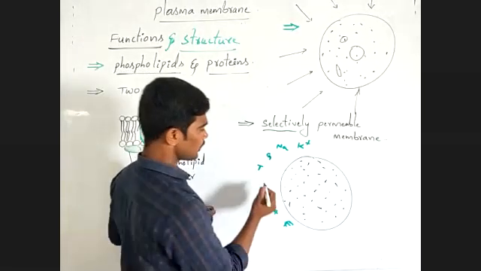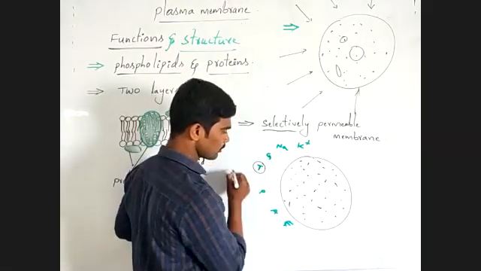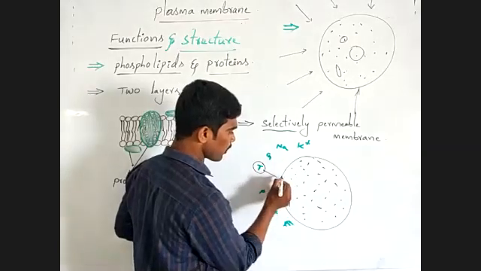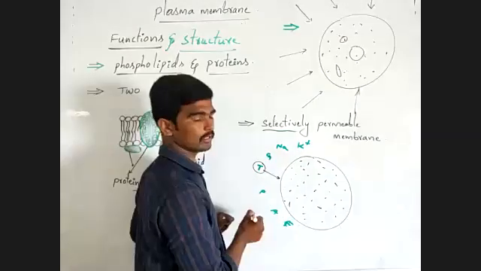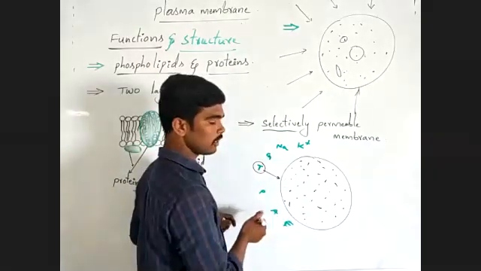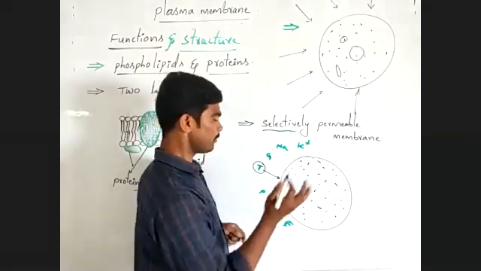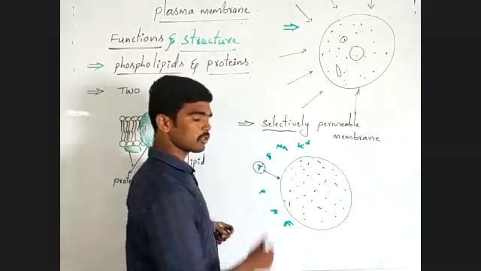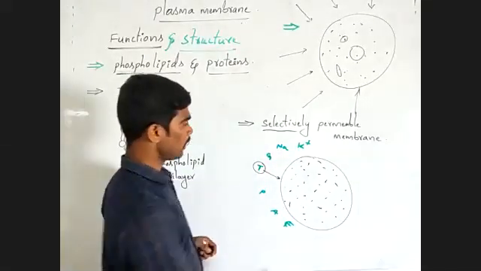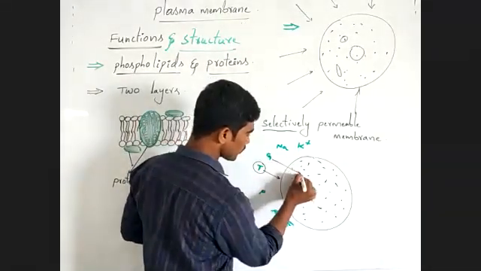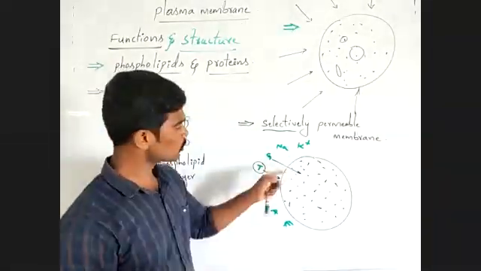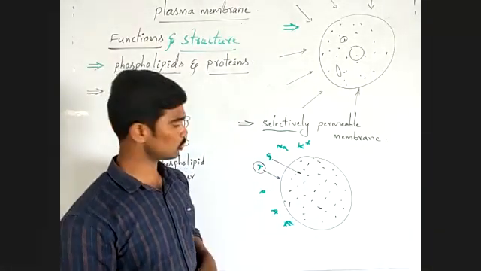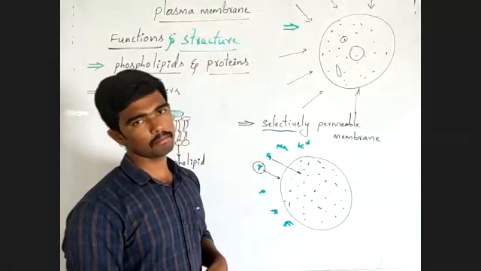Toxic materials cannot pass into the cell through the plasma membrane, because the plasma membrane does not allow toxic materials. Glucose molecules can pass into the cell through the plasma membrane.